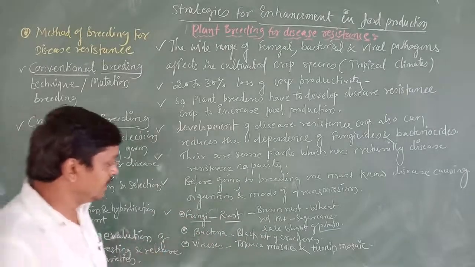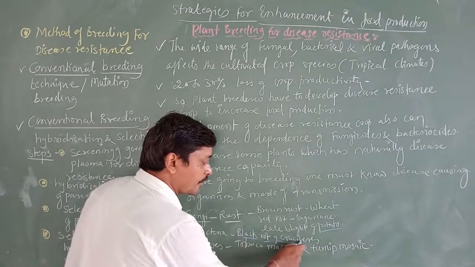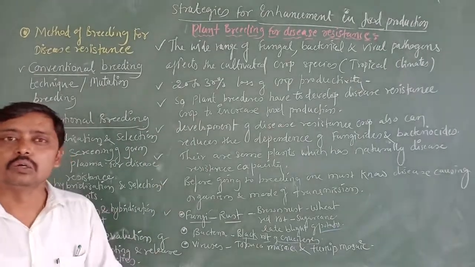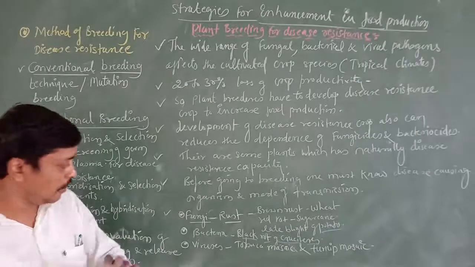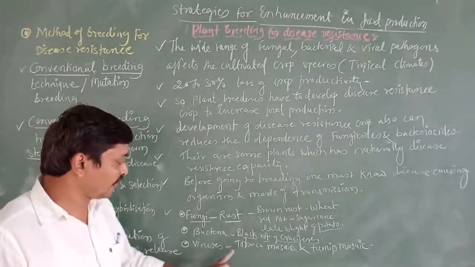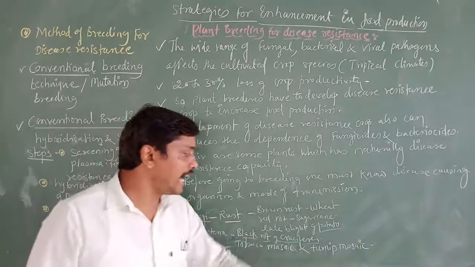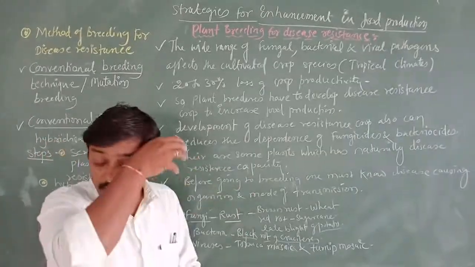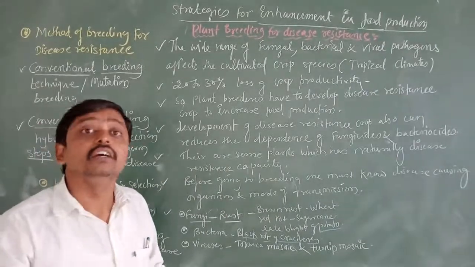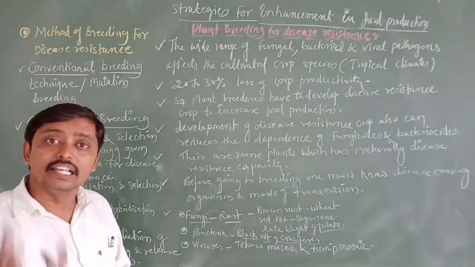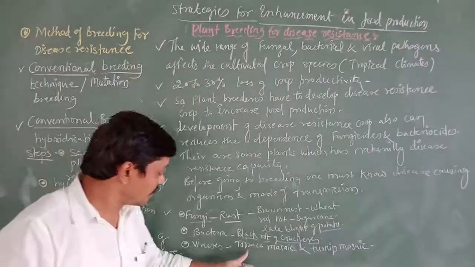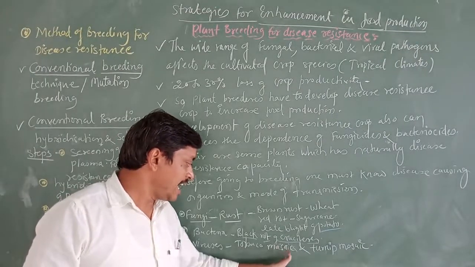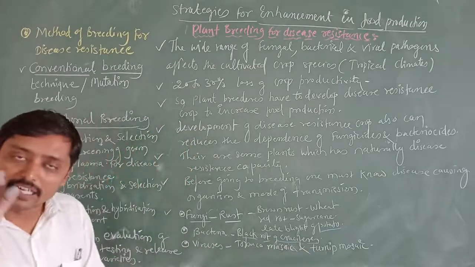Then bacterial: black rot in cruciferous crops. Then viruses like tobacco mosaic and turnip mosaic. Many farmers in your area grow tobacco, and tobacco may get viral disease. In the lesson, tobacco mosaic or turnip mosaic are viral diseases.